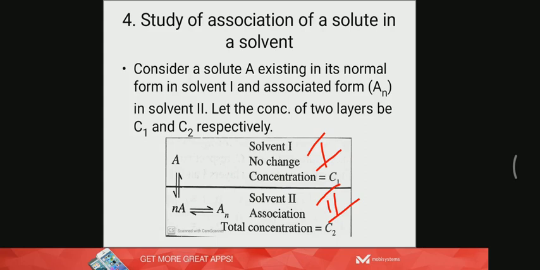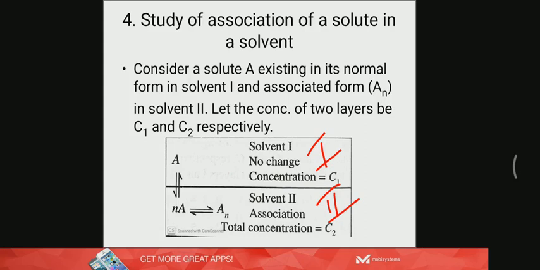Let the concentration of the two layers be C1 and C2 respectively. It's very important to note that C1 is the concentration of A, but C2 in solvent 2 is the concentration of AN, not A. Most of the A has changed into AN.